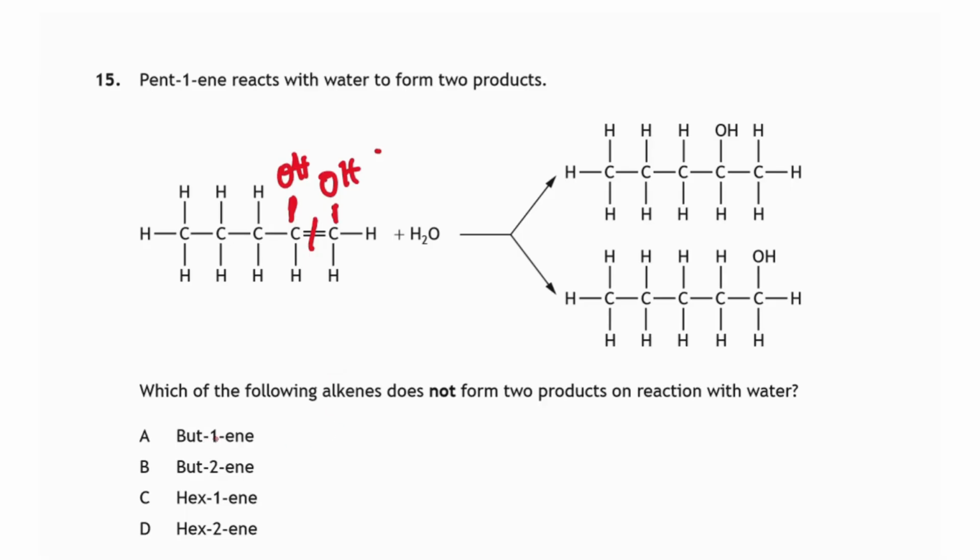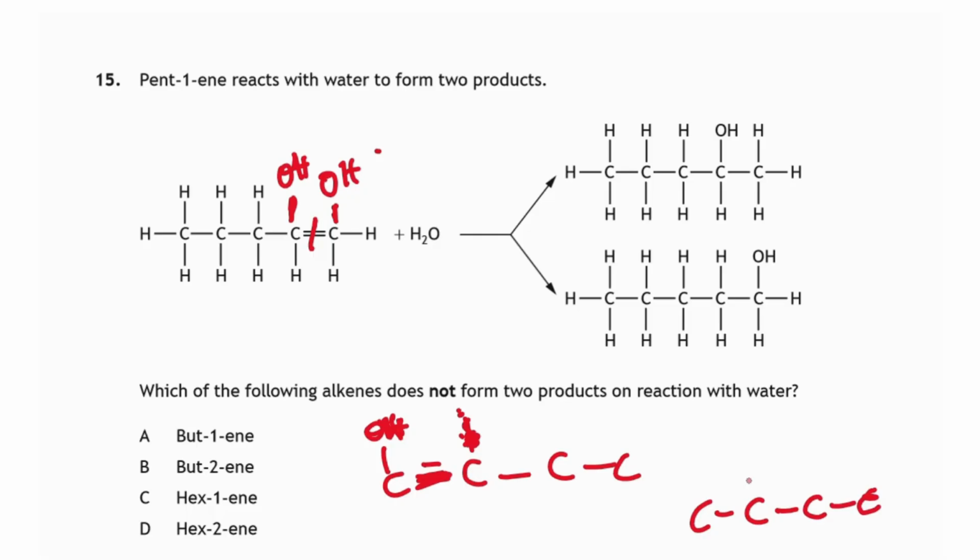If we say but-1-ene, this is our but-1-ene with the double bond here. When this reacts with water, in the first product we have a single bond and an OH group on one of the carbons. The second product will have a single bond and an OH group here. So these are two different compounds.